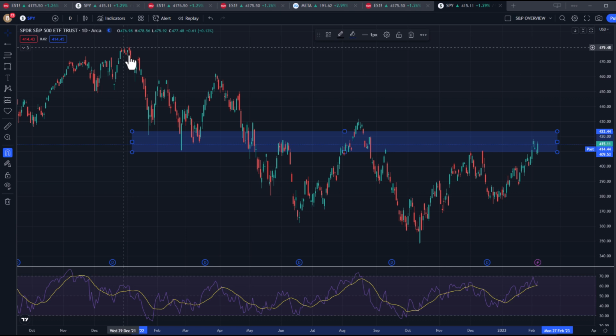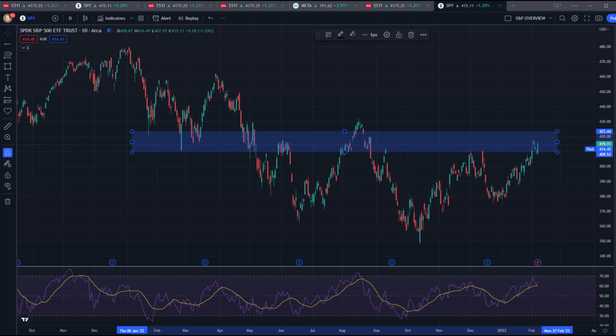You can see that price action came down, treated it as support, bounced off of it, then broke below it, back tested it, and then went down further. Here we came up, we tested the area, rejected it, maybe even had a false breakout, and then fell back down even lower. Here we came back up, we tested it, came back, and now we're testing it again and attempting to break through it.